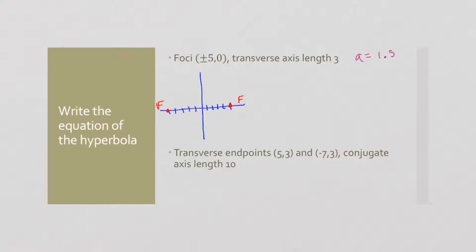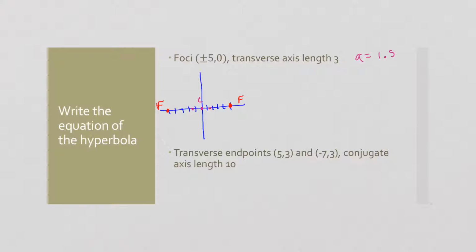So if A is a half, then from my center, I need to count out 1.5. So here's my center. Go 1.5, 1.5, and these are my vertices.